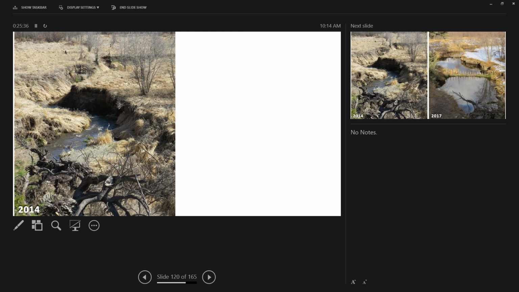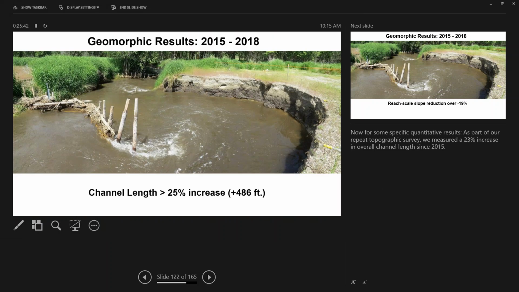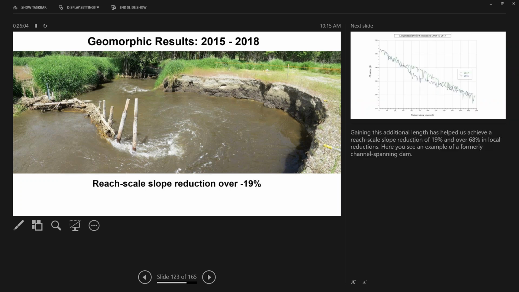Here's what it looked like in 2014, 2017, in terms of the incision trench. I mentioned we've been doing topographic surveys, and so we were able to measure the channel length, and we had an increase of over 25%. We haven't done a topo survey since 2018, and so we've probably had much more lengthening since then also, but we've had at least 500 feet more channel length developed in these 2 short years.